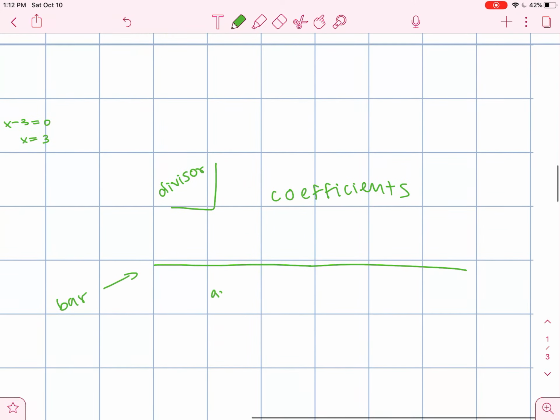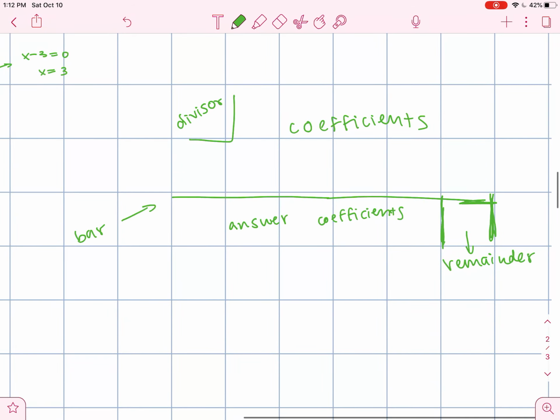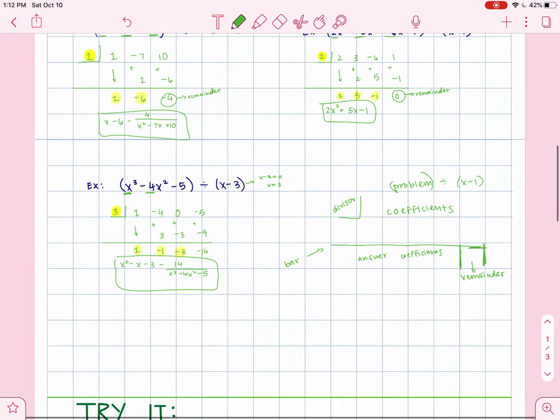So I'll write answer coefficients. And then in your last box over here, if you do have one, this is going to be your remainder. And your remainder always goes over the original problem, divided by whatever your factor is, x minus 1.